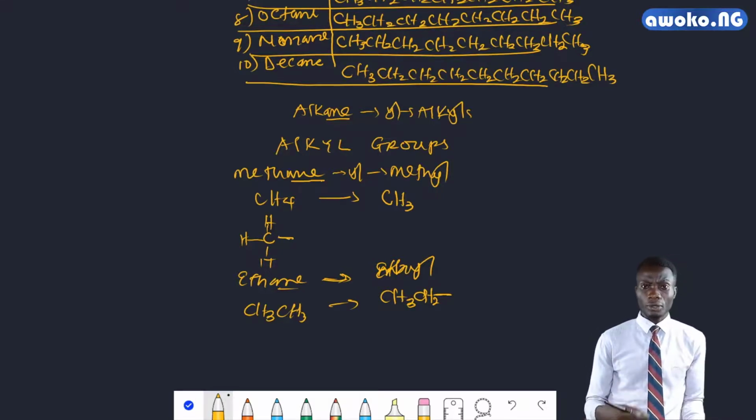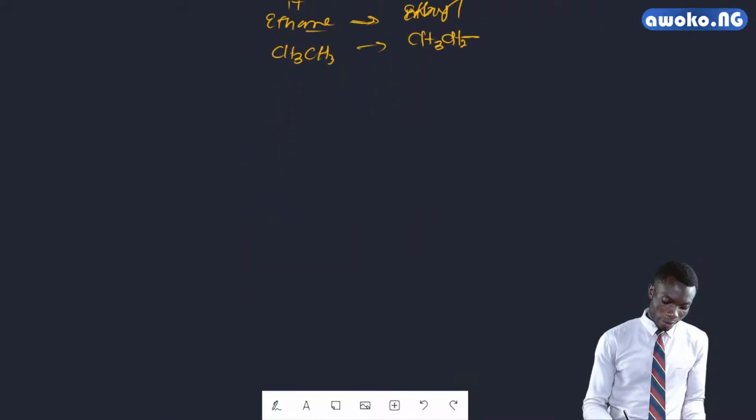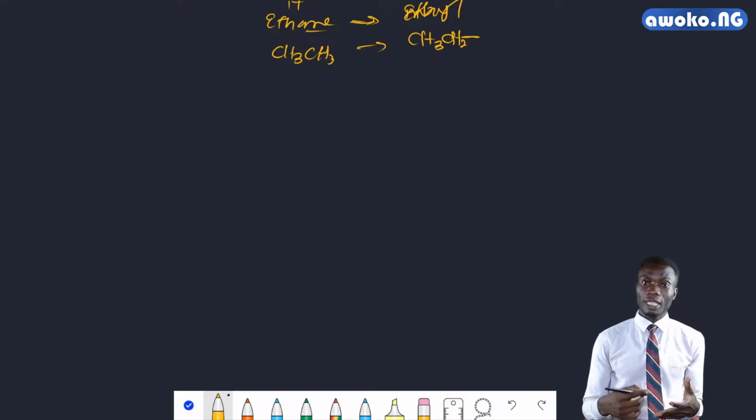Now we can go on and on getting other members of the alkyl series. So we have methyl, we have ethyl, we can have propyl, butyl, pentyl, hexyl, heptyl, octyl, and nonyl, which is carbon number 9.